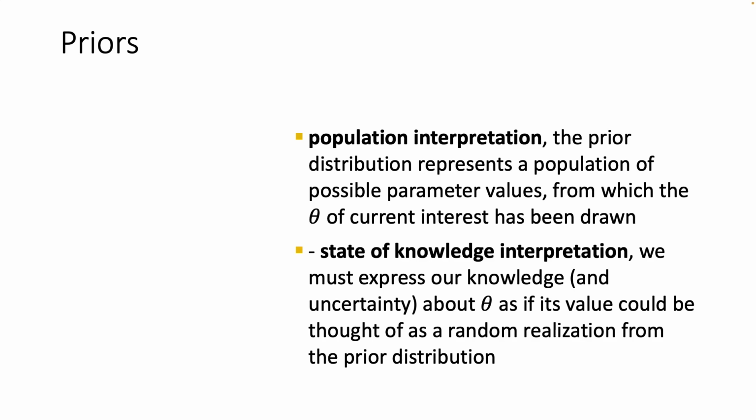Like for example, let's say there is the problem of heads or tails, right? Or we can add some additional information into that. Either way, the state of knowledge interpretation looks at parameters as random variables.